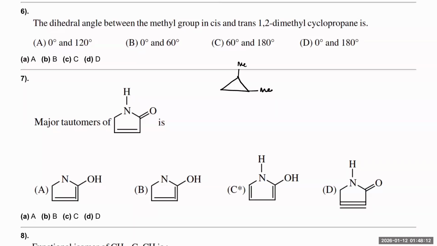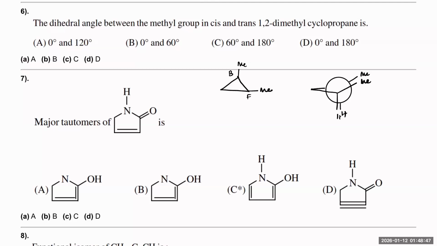If I take this as a front carbon and this as a back carbon, I would have the front carbon like this, and on the front carbon, one carbon is going this way and one hydrogen will be here, one methyl will be here like this. Okay. And on the back carbon, if you notice, methyl would be here only because this group will connect here and hydrogen will be here like this. Clear now? This is how the connection would be.